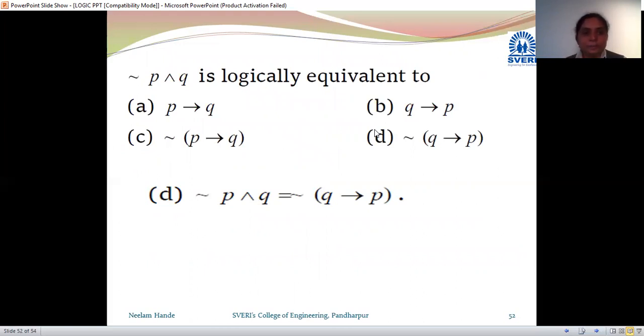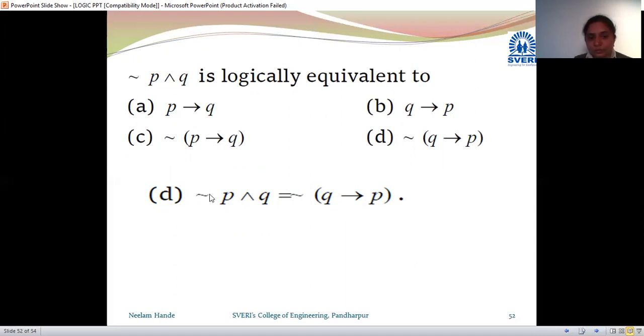Negation of P implies Q is logically equivalent to what? We have seen the definition earlier: negation of implication P implies Q was negation Q and P. So this definition is just reverse.